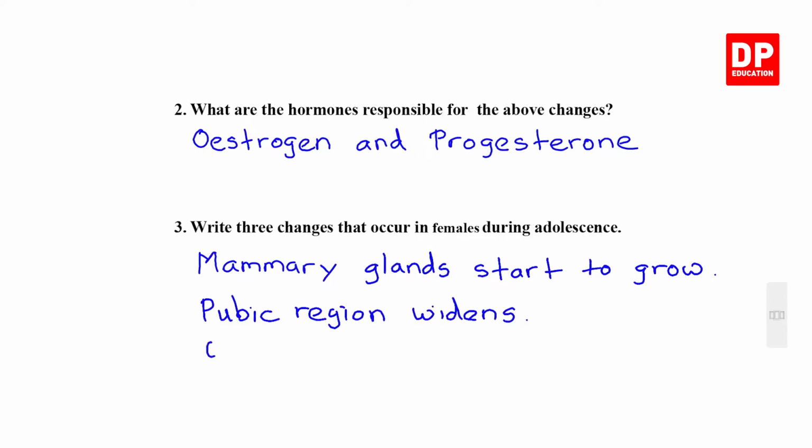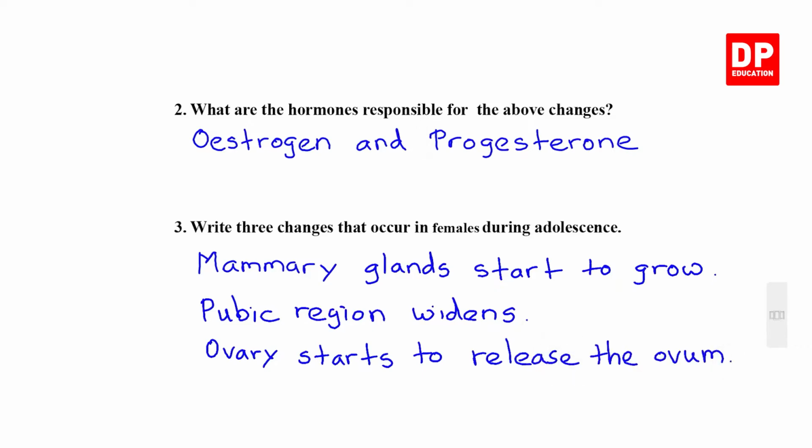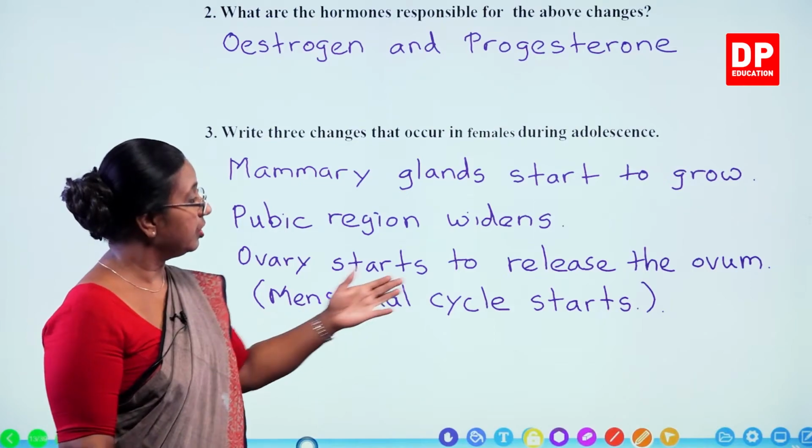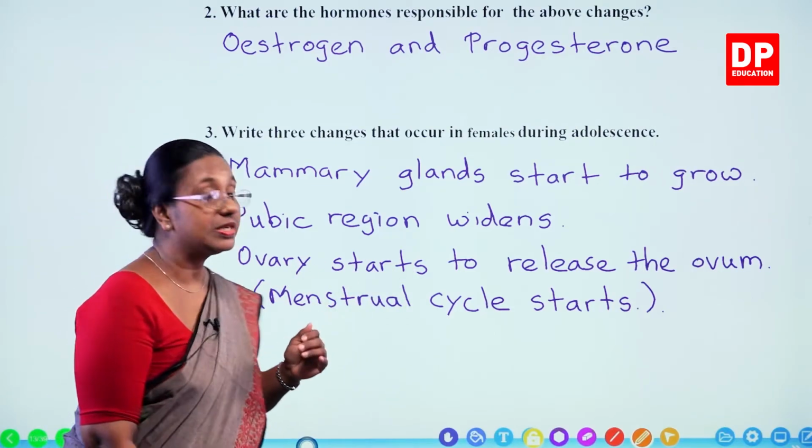Then we can say ovary starts to release the ovum. That is, menstrual cycle starts. So those are the 3 changes I have written down. Mammary gland starts to grow, pubic region widens, and the ovary starts to release ovum. That is, the menstrual cycle starts.